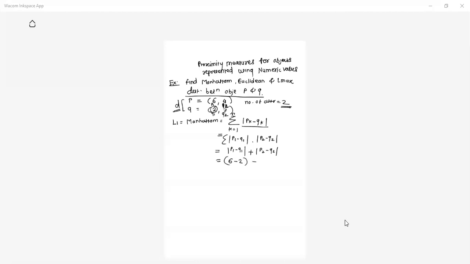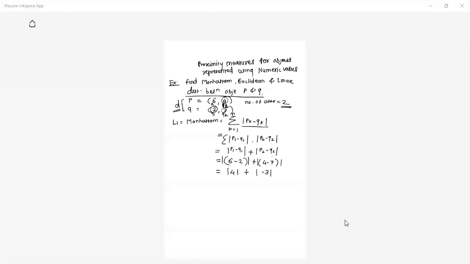Plus, what is my p2? p2 is 4 and q2 is 7. So my value becomes 4 minus 7, and we have to take the absolute value of this. So 6 minus 2 will be 4, plus 4 minus 7 will be minus 3.